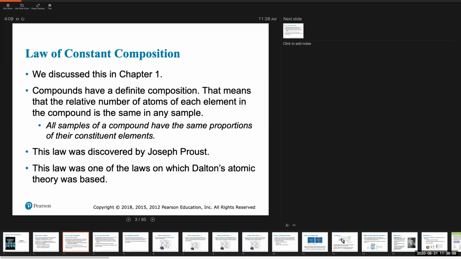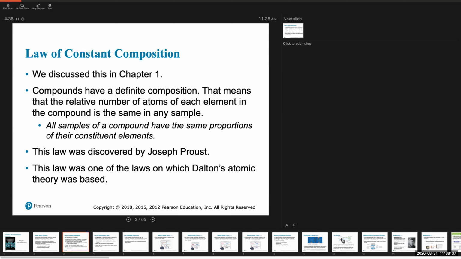Constant composition, that law, as I said, we talked about in chapter 1. If you remember, that's the one that says a compound has the same proportion of elements no matter where you find it. So if we take water, for example, H2O, if it's truly water, it's 2 hydrogens and 1 oxygen.